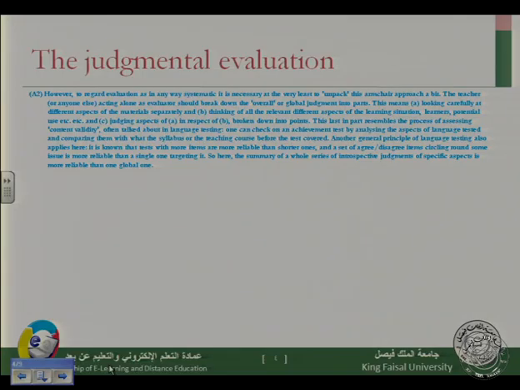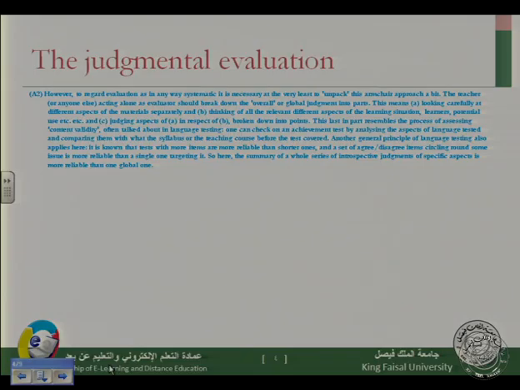In situation number 2, we need to unpack all of this and look at the details of the software. The teacher or anyone else acting alone as evaluator should break down the overall or global judgment into parts. And this is what I said. You need to break it down into parts.